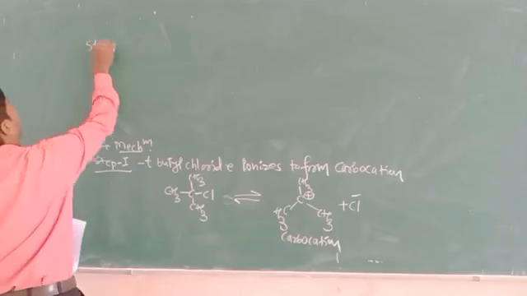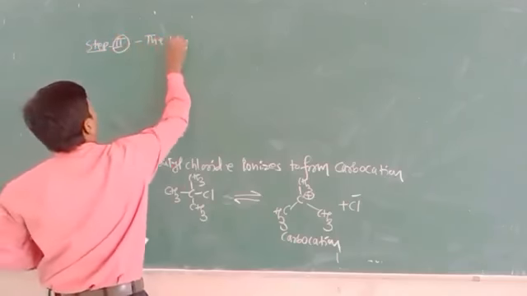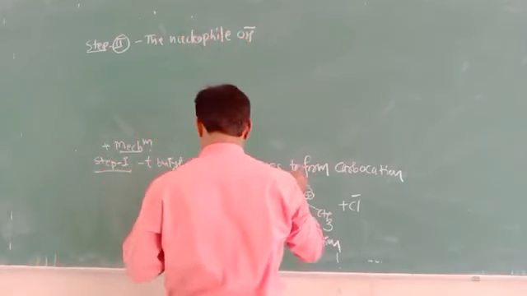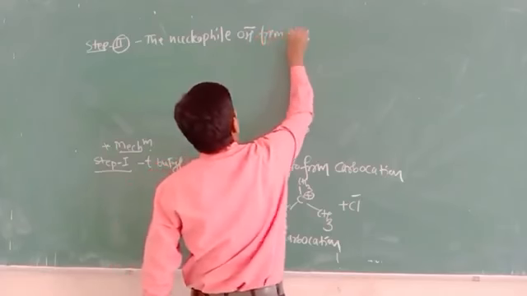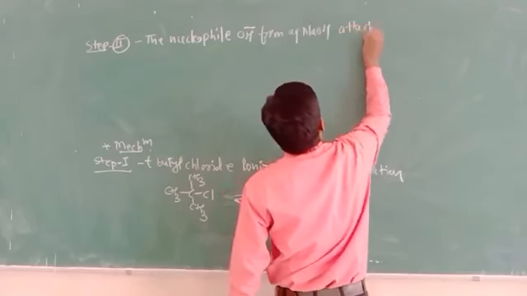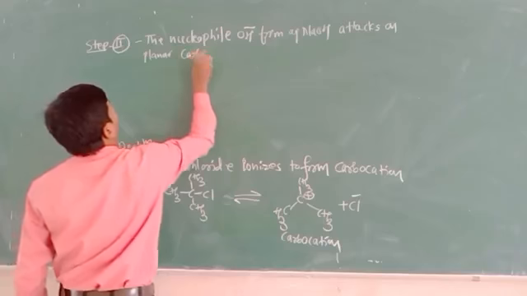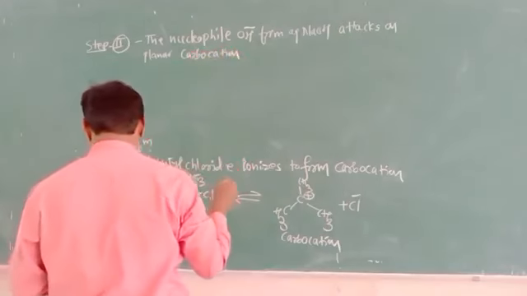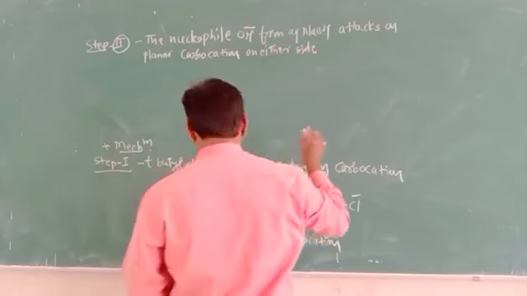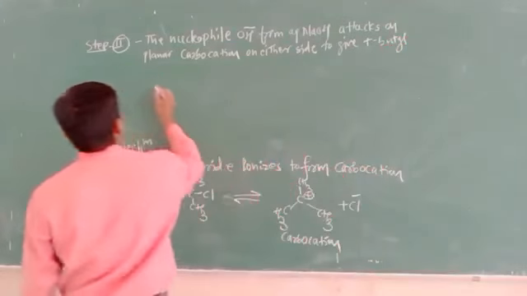Step 2: the nucleophile OH minus from aqueous NaOH attacks on the planar carbocation on either side to give tertiary butyl alcohol.